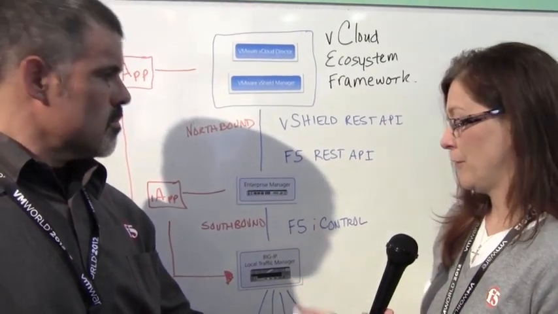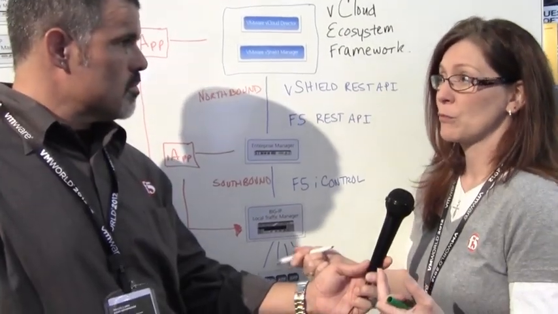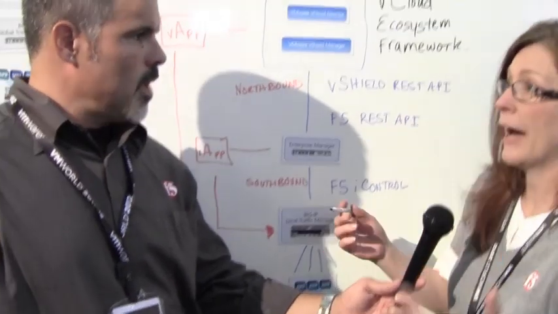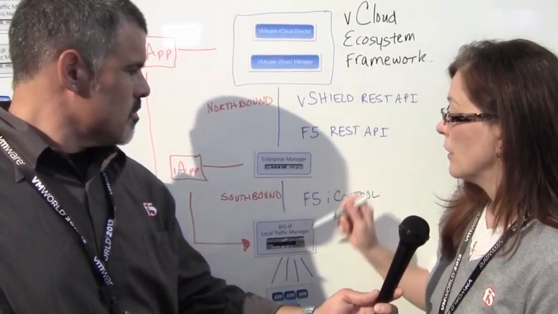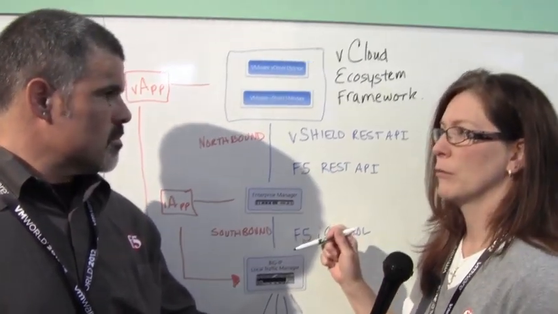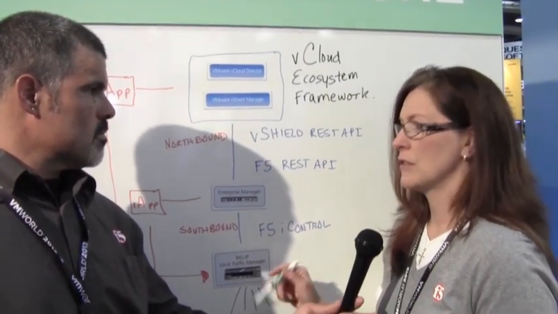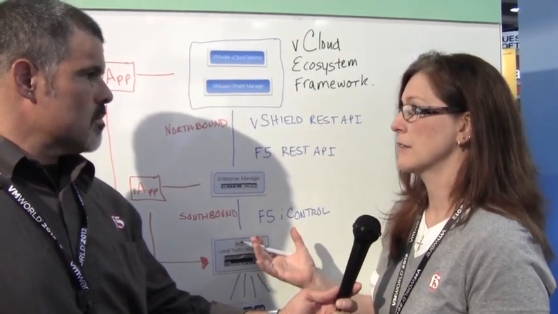In the future, if you add or remove a VM, which is really the core of elasticity, right? Adding, removing, expanding, contracting. This iApp gets automatically rerun to make sure that the VM is either removed or added as necessary.